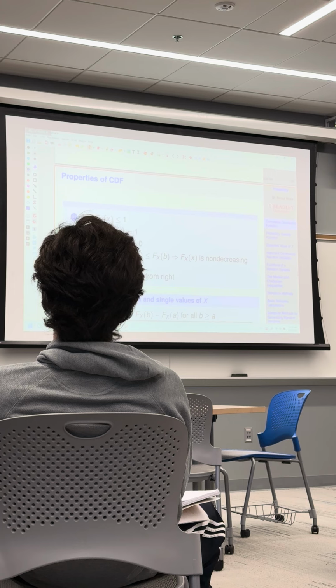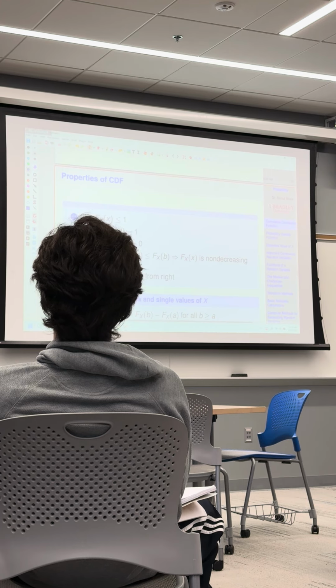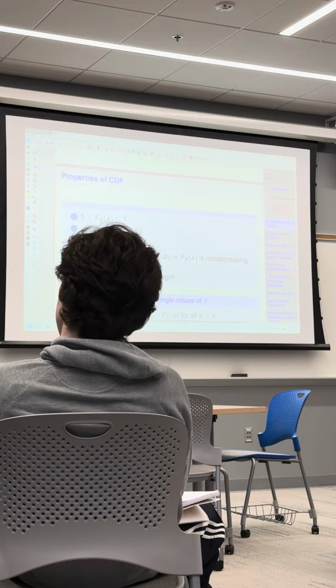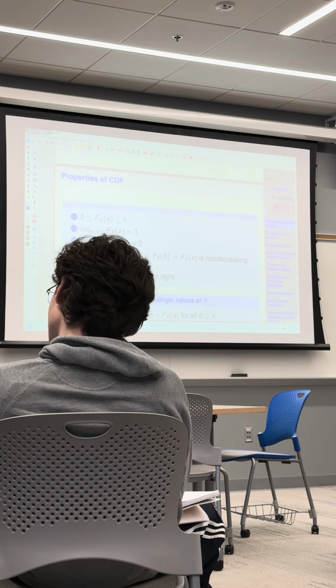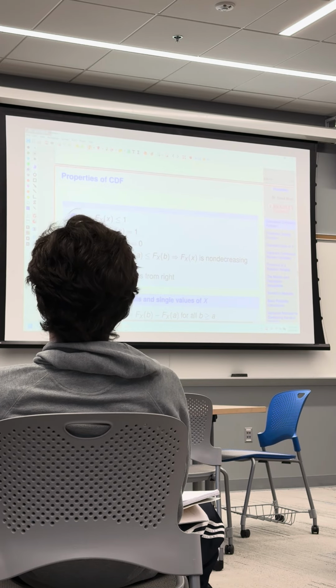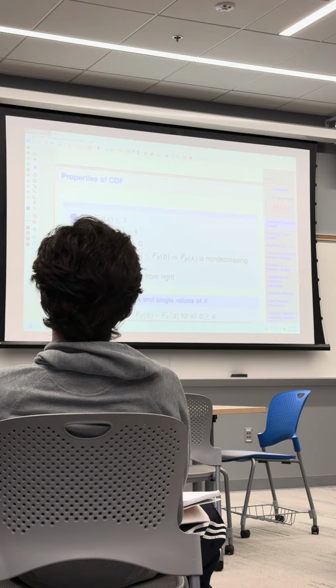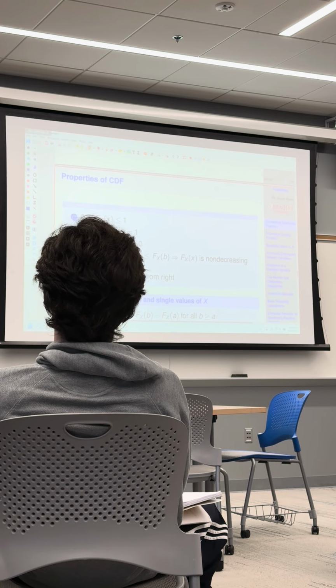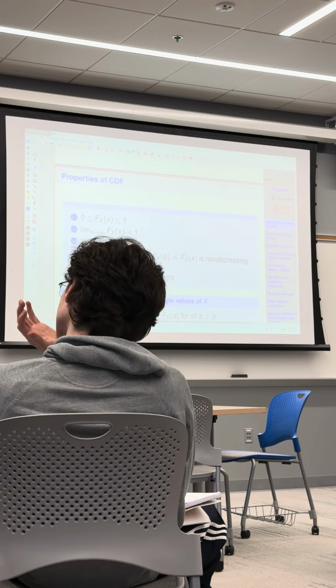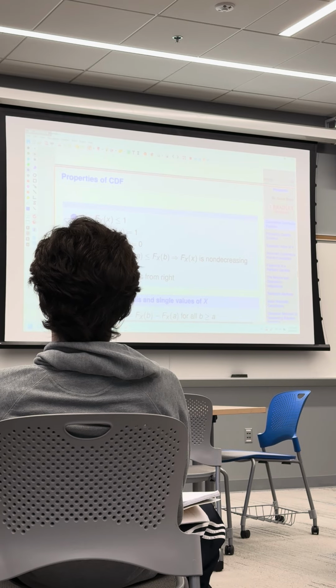When x goes to infinity, your f of x has to be 1. Similarly, when x goes to negative infinity, then your f of x has to be 0. If you have a less than b, then your F_X(a) has to be less than or equal to F_X(b), because b is larger than a, so their corresponding CDF should follow this inequality.